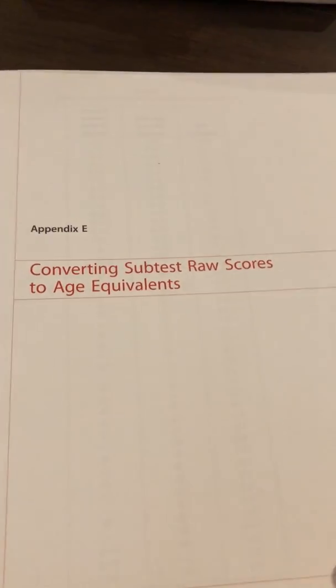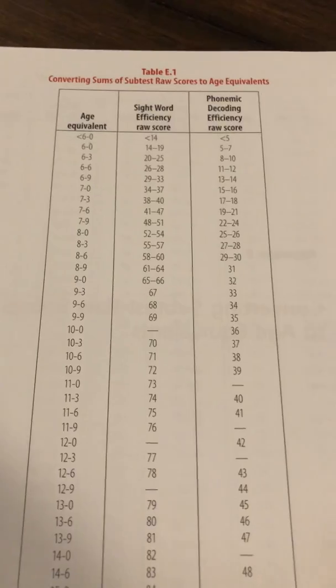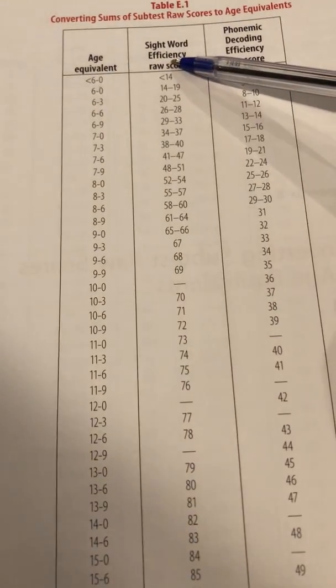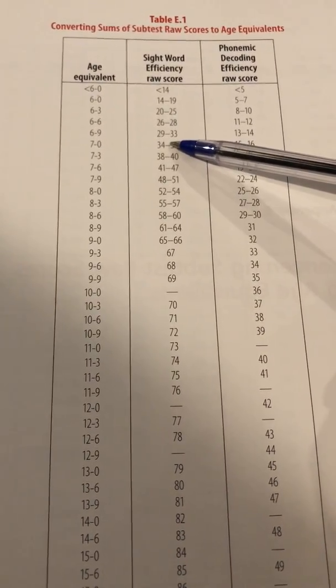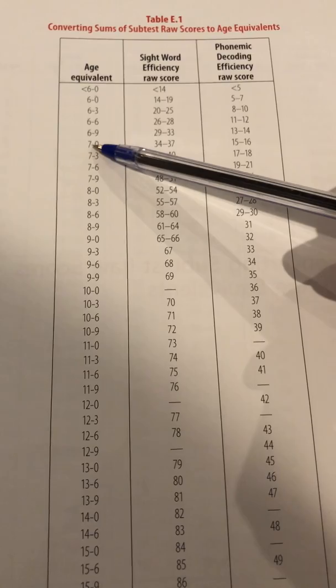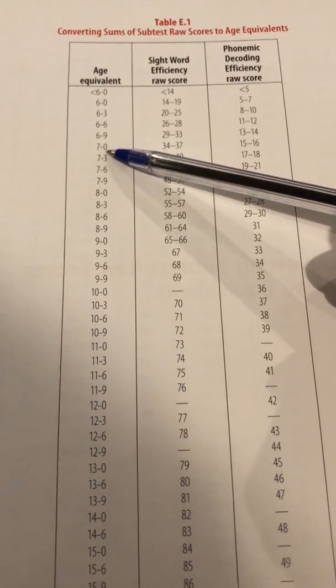Okay, in our next appendix, we can convert subtest raw scores to age equivalents. So we have again one chart here. So this is raw score. His sight word raw score was 35. So if we find 35, the age equivalent is 7-0.